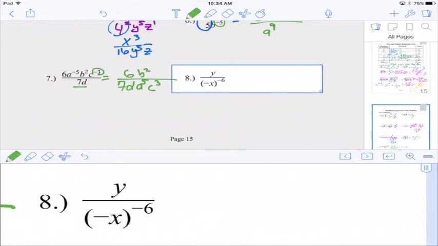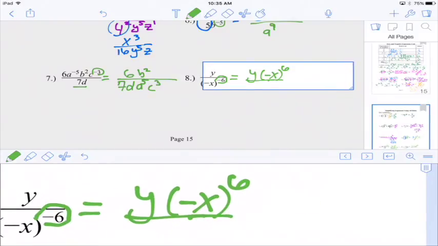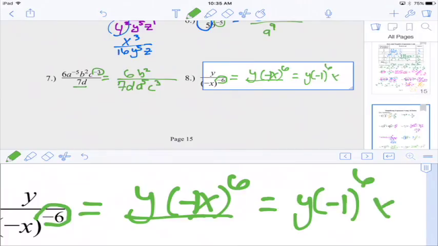Now in this one, I'm going to flip that negative 6, everything in that parenthesis. So this means y over negative x to the sixth now. Then I'm going to distribute my 6 power to everything. So remember, this is negative 1. So I'm going to say y times negative 1 to the sixth times x to the sixth.